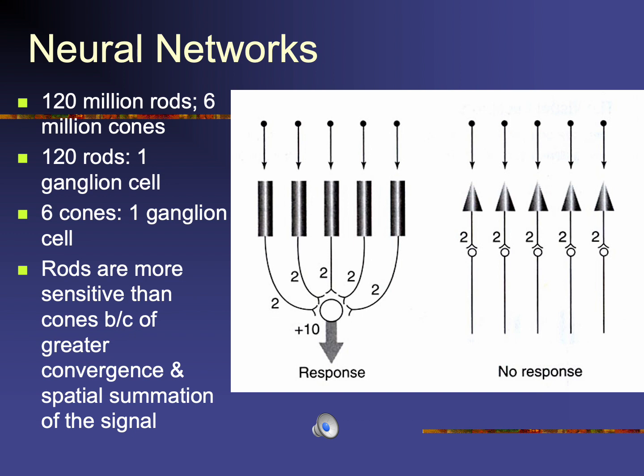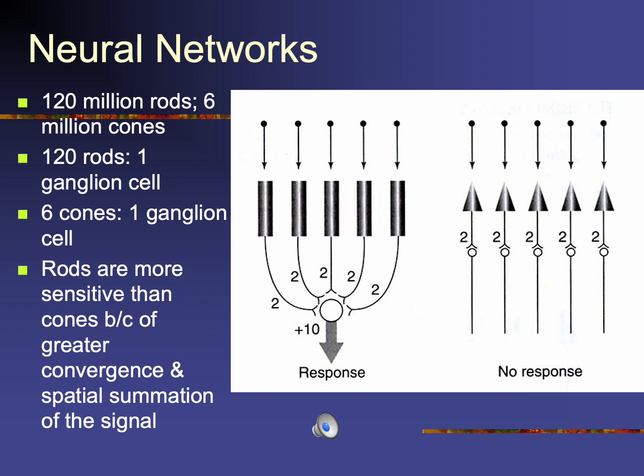But with a cone being stimulated, since there's only 6 cones per ganglion cell, you have a much higher resolution of the spatial location of the stimulation, and so the cone cell will be in a specific place. And since there's only 6 of them to one ganglion cell, when the ganglion cell fires, it's roughly indicating a small area of space that those 6 cones reside in, or one of the 6 cones resides in.